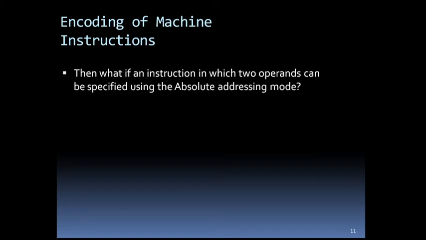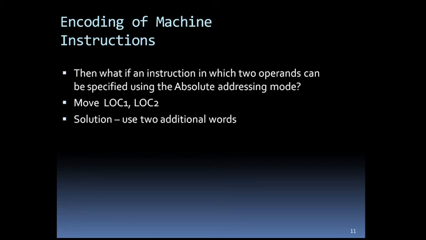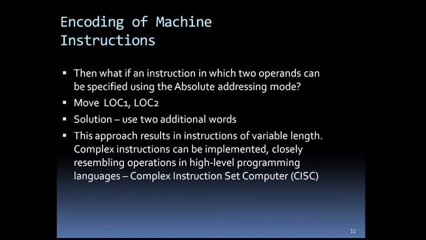Now, suppose we want to allow an instruction in which two operands can be specified using the absolute addressing mode, for example, move location 1 comma location 2. In such cases it becomes necessary to use two additional words for the 32-bit addresses of the operands.